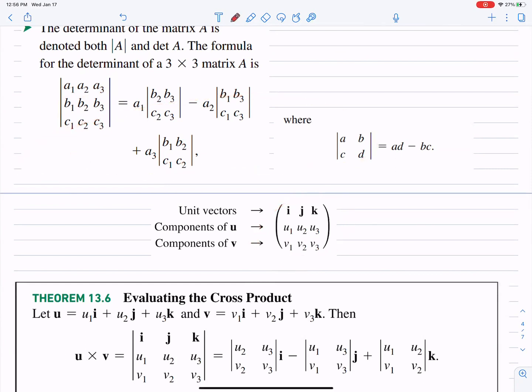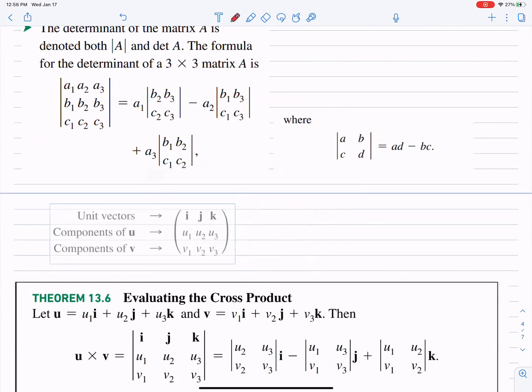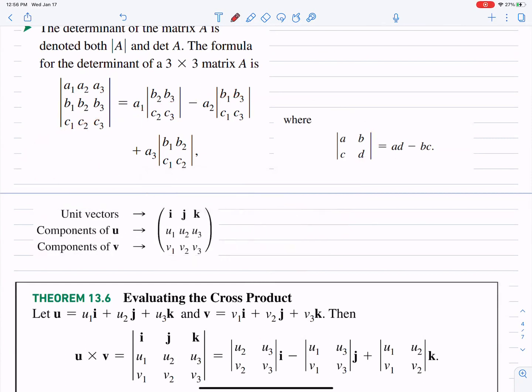And then this is how you use it for a cross product. For the cross product, you put I, J, K in the first row, the components of the first vector in the second row, U1, U2, U3, and the components of the second vector on the bottom one. And so this will equal I times the determinant after crossing out its column and row, you get U2, U3, V2, V3, and the determinant of that is U2 times V3 minus U3 V2.